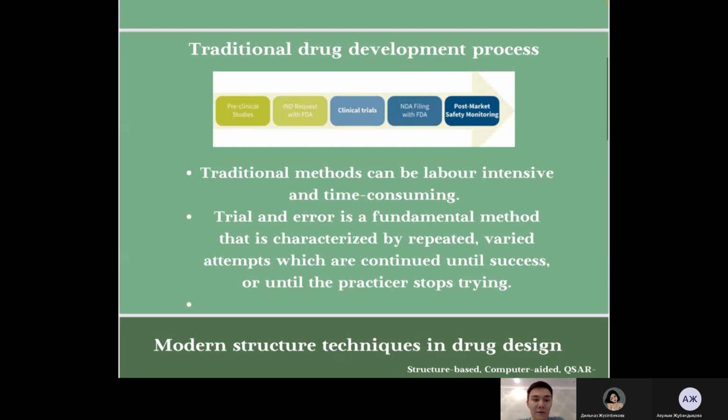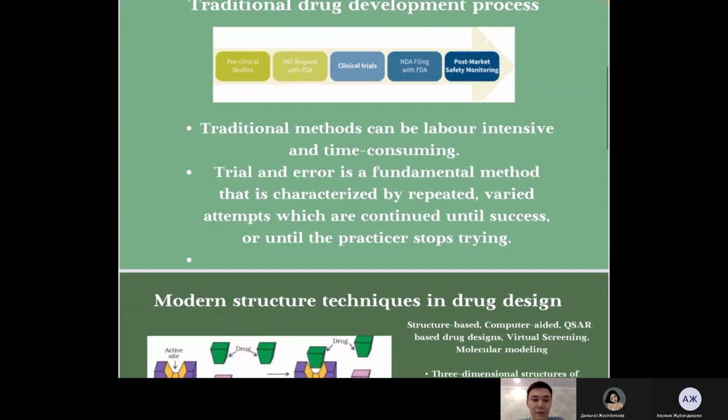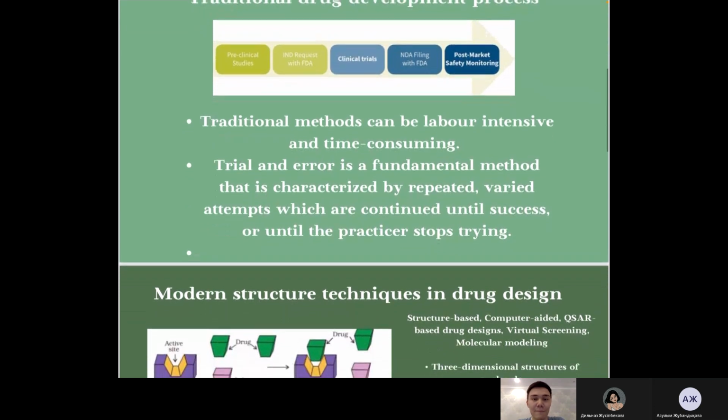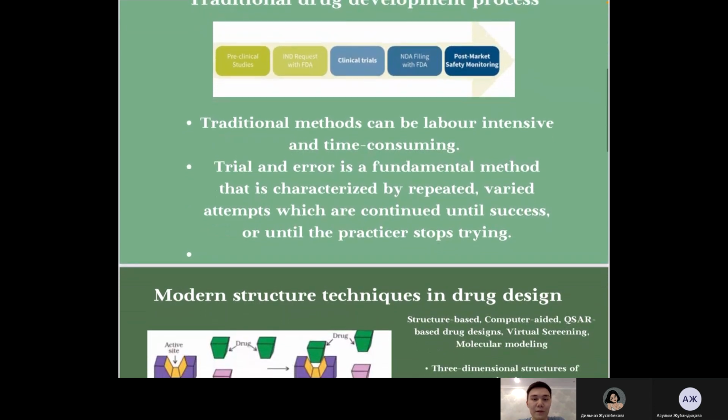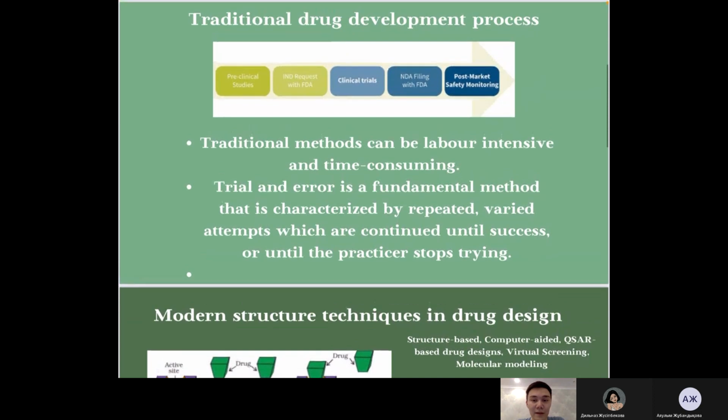So the main feature of the traditional methods is that they can be labor intensive and time consuming, because to find one needed molecule, chemists and scientists have to work with tens of thousands of different molecules.